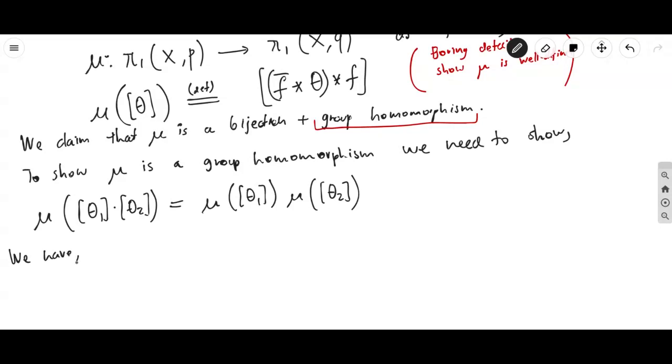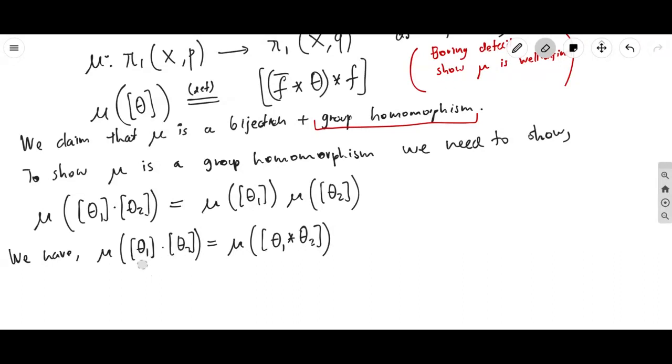We have that mu of theta 1 times theta 2 is equal to mu of, now the way you multiply homotopy classes is by juxtaposition. To repeat this important point, the reason why we can remove the dot and put them together is because these are closed loops. The reason why we cannot break them apart by using 3 different dot operations is because f is not a closed loop. That would make no sense. We have to keep it like this.